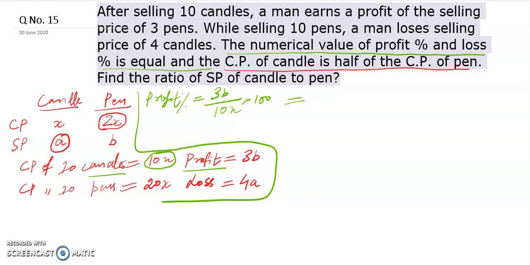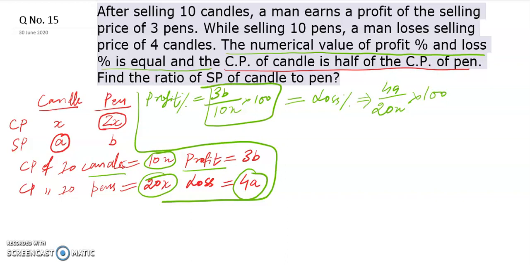This is equal to loss percent. So loss percentage will be loss upon CP. Loss is 4A, and our CP is 20X. Now this unit and this unit are the same, so we can solve this.